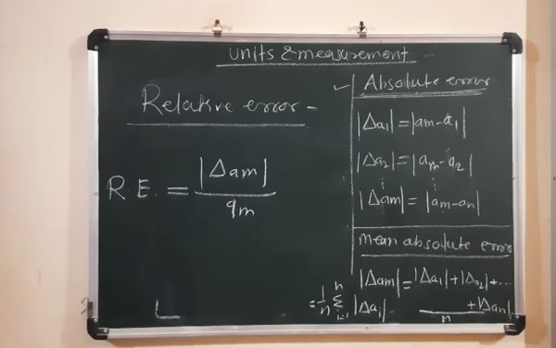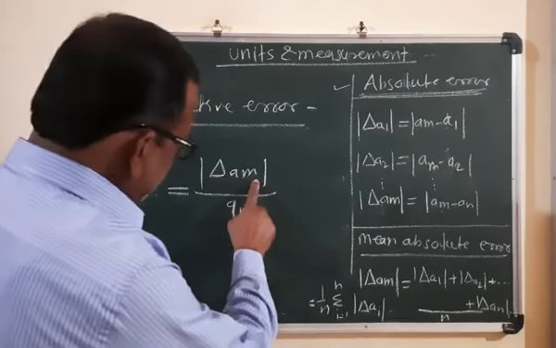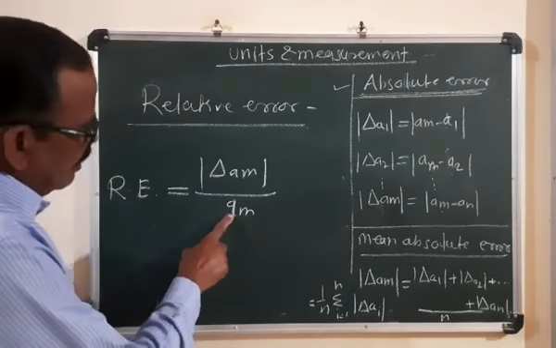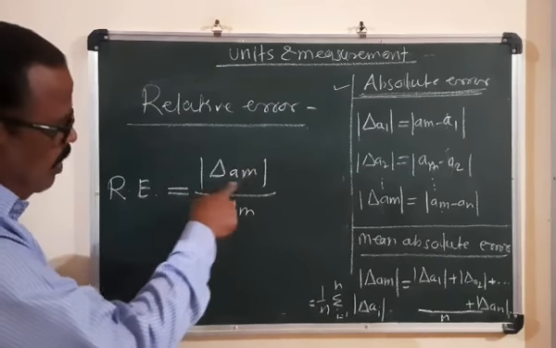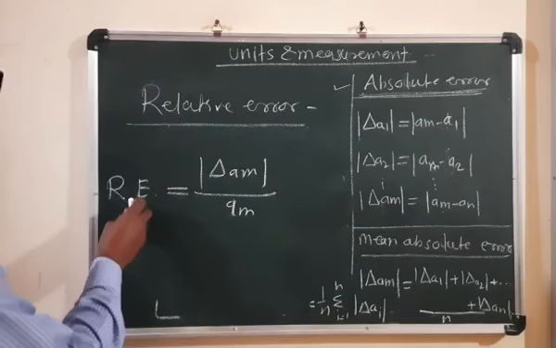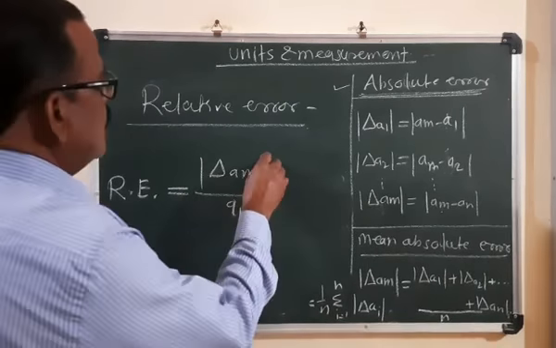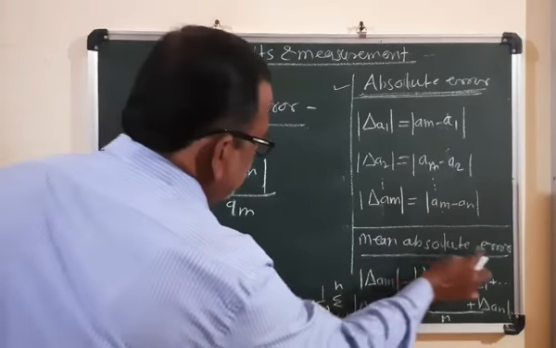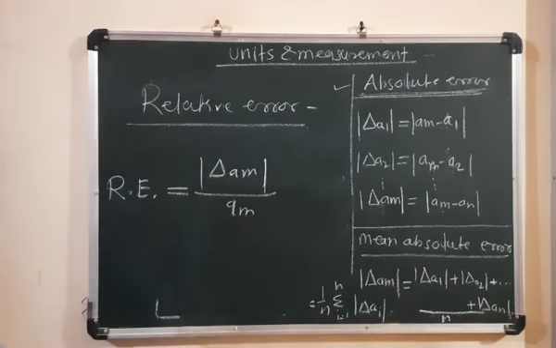Relative error is defined as mean absolute error divided by mean value, that is, mod of delta Am divided by Am. It is also defined as the ratio of mean absolute error to the mean value or average value.